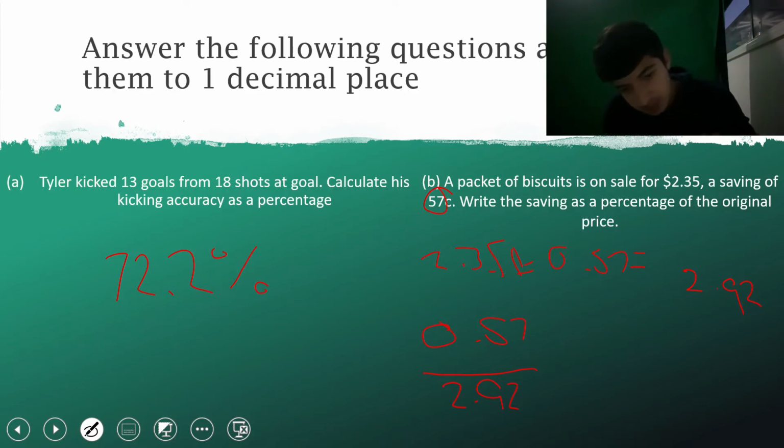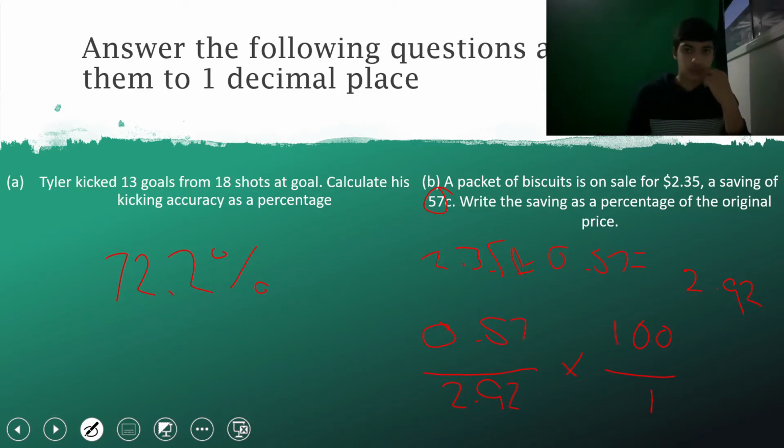Now we times it by 100, as you know, 100 over 1. Any simplifications? We can't simplify, it's going to be hard. So no simplifications. Now we should do the timesing.